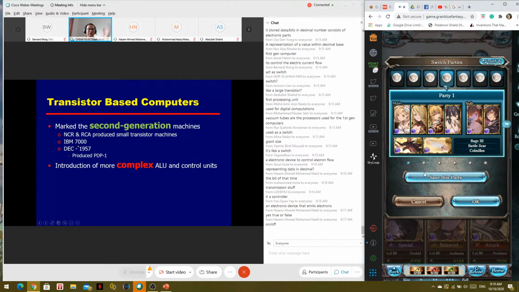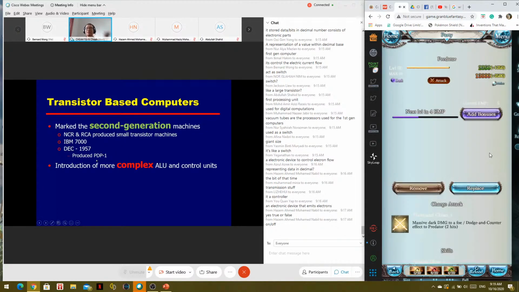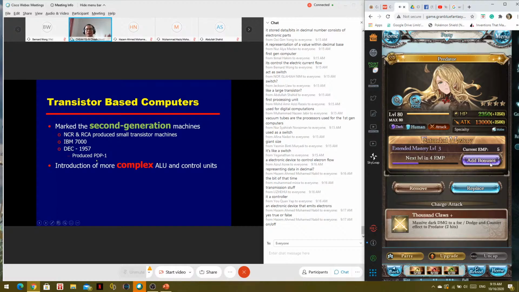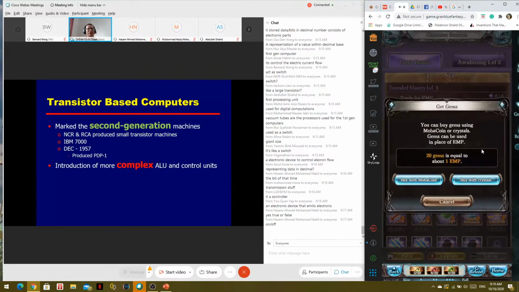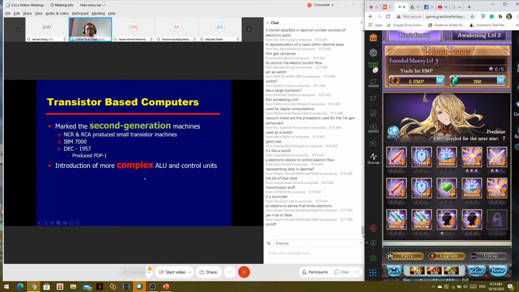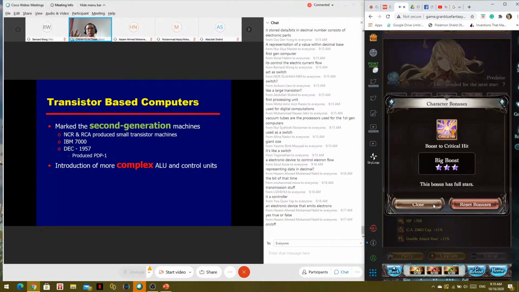From the IBM 7000 to the DEC machines. DEC was very popular at that time because they produced the PDP-1. It was a popular, robust mainframe kind of computer, used to do more complex calculations than what ENIAC and the IAS machine were able to do.